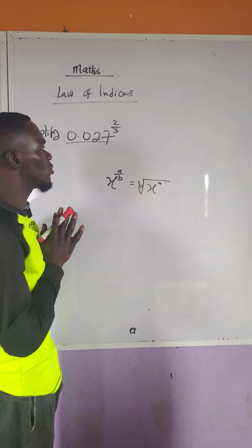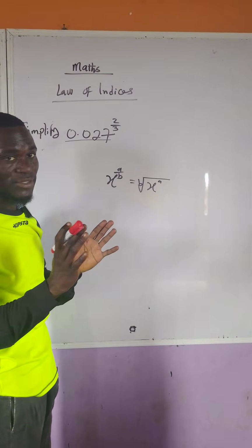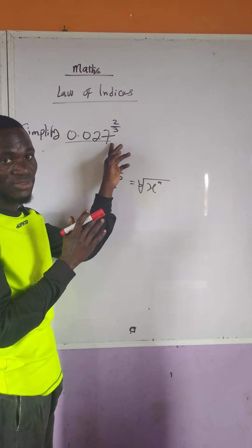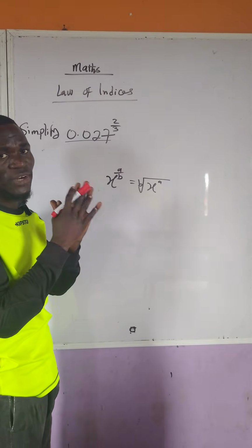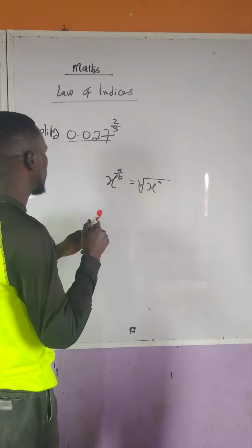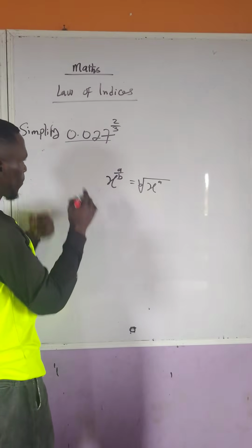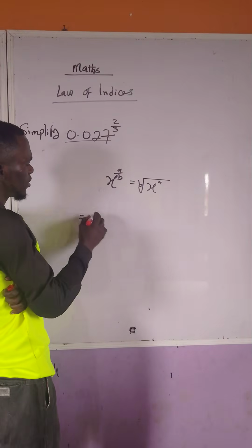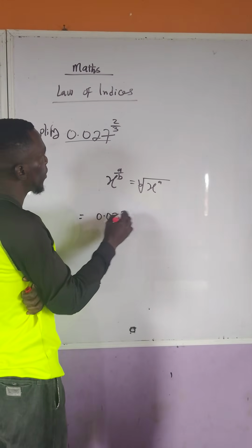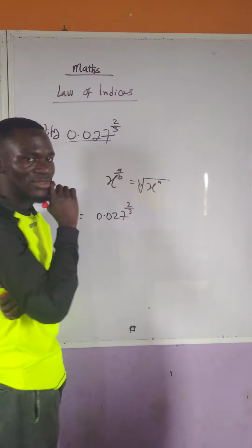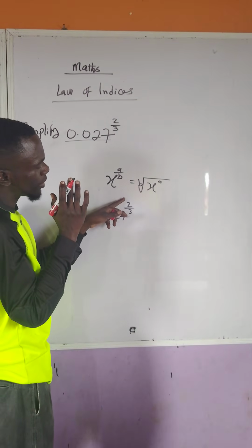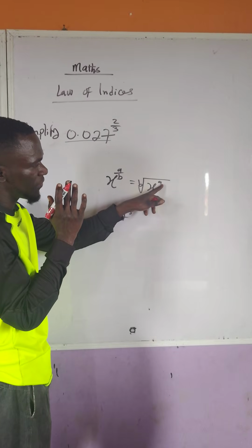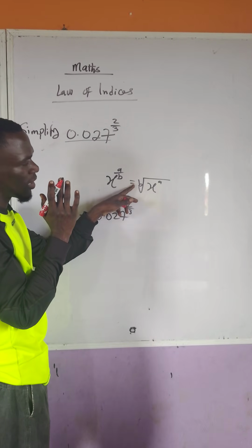Now I want to apply that to this same question here. Before we do that, I'm going to convert this one to a fraction. We have 0.027 to the power of 2 over 3, right? The 2 is the a that we have here, while the 3 is the b.